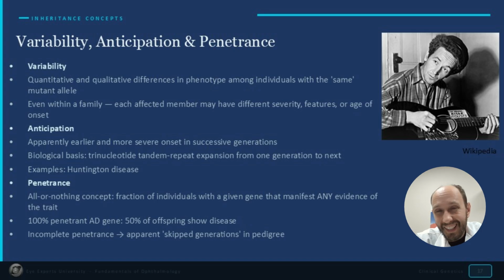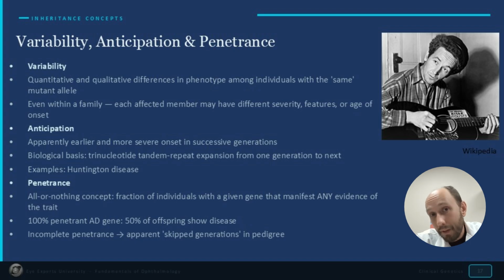Now, penetrance refers to the all or nothing concept. It's kind of similar to variability, in that in some diseases or individuals, if you have any of the gene, then things can be bad. But sometimes if you have, let's say, a heterozygote, there could be enough of the gene to compensate and not show the disease. So it all depends on the penetrance.